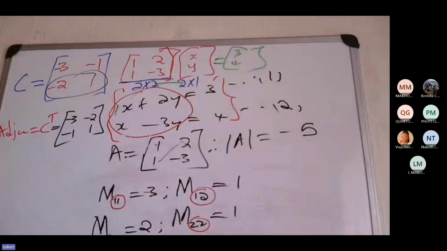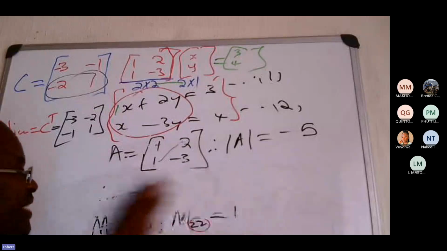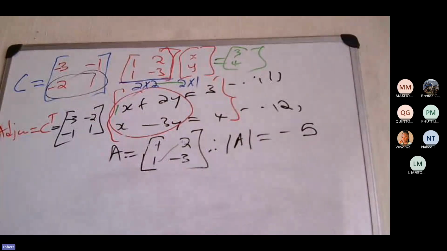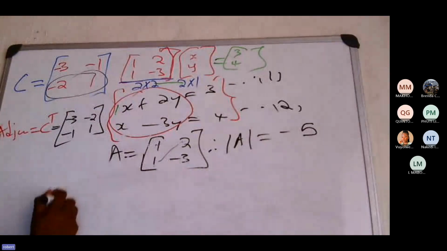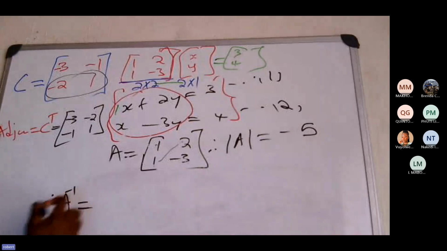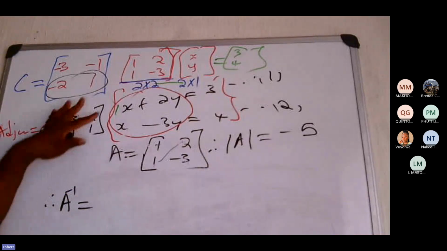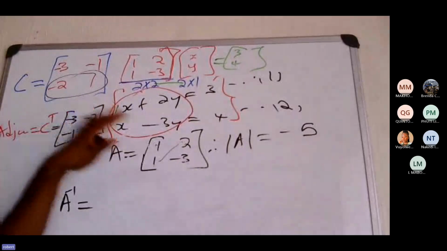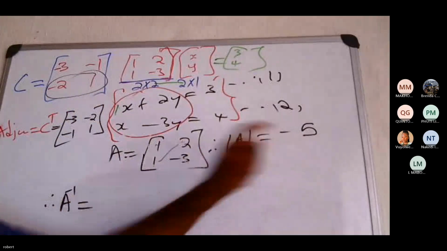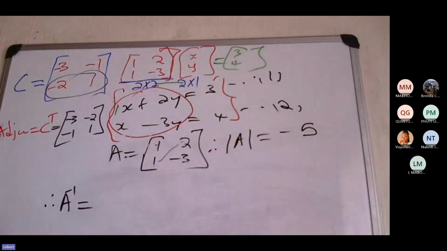That's right. Then next, how to find the inverse now? We know that the inverse of A must be the product of this and the reciprocal of the determinant.